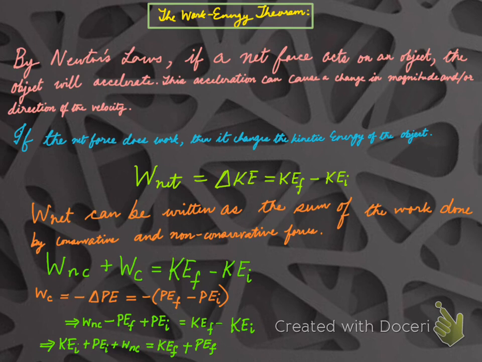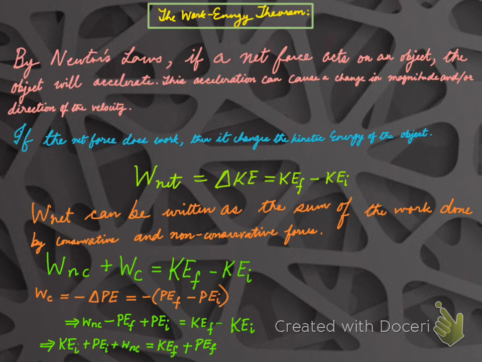So if the non-conservative force does negative work, as would happen in the case of friction or air resistance, then the mechanical energy of the object would decrease after the work done by the non-conservative force. However, if the non-conservative force does positive work, as in the case of applied force, though applied forces can do negative work too, then the work done by the non-conservative force will increase the mechanical energy of the object.